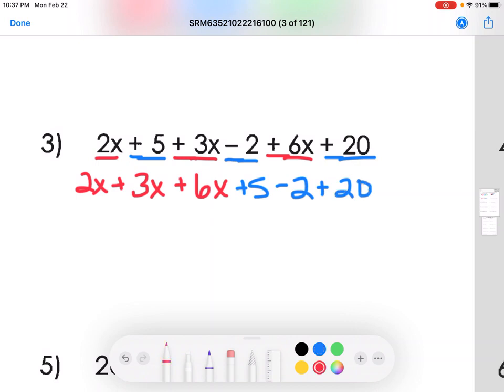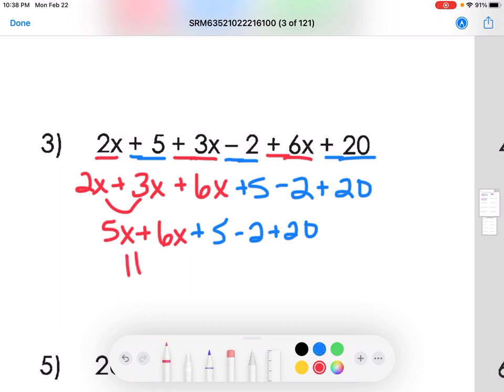So now I can combine. So 2 plus 3 is 5x. Can combine again. So 5x plus 6x would be 11x. And now I can start to combine my other sets of terms. So I have a plus 5 and a minus 2.